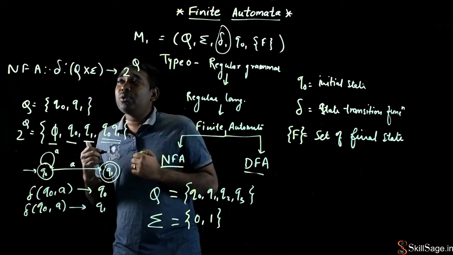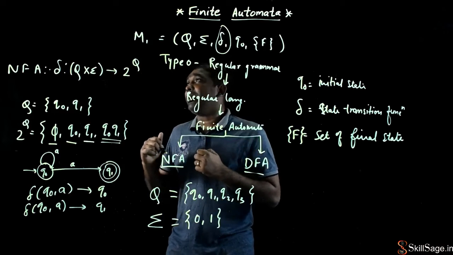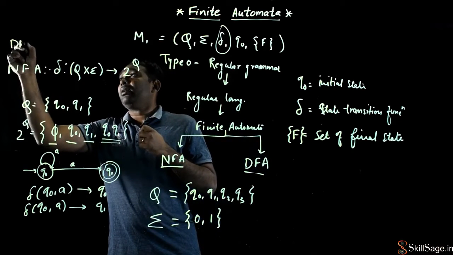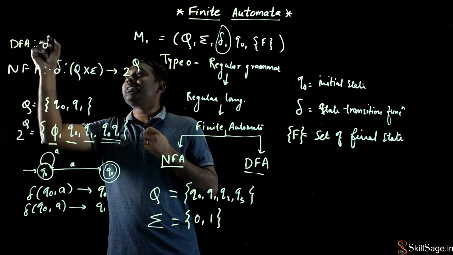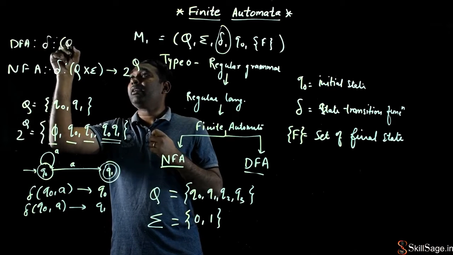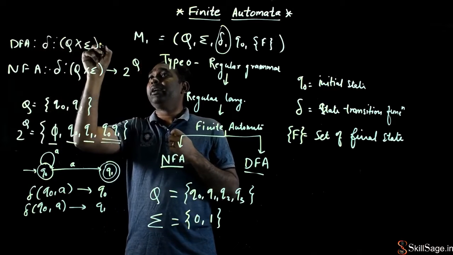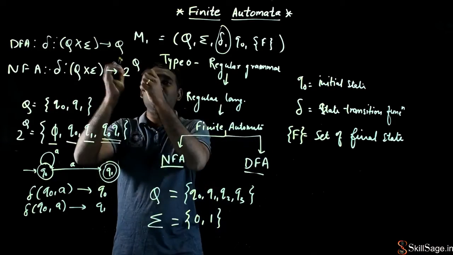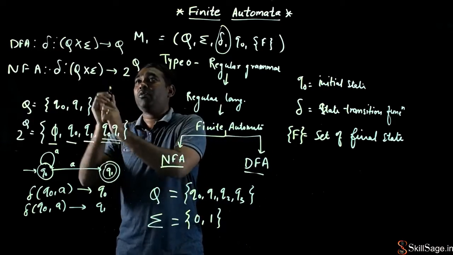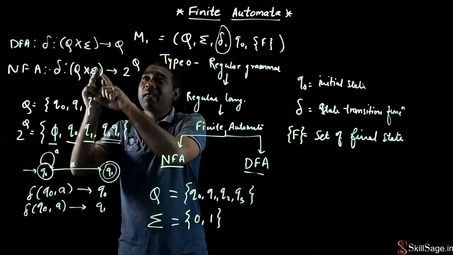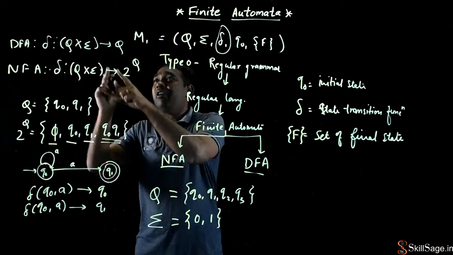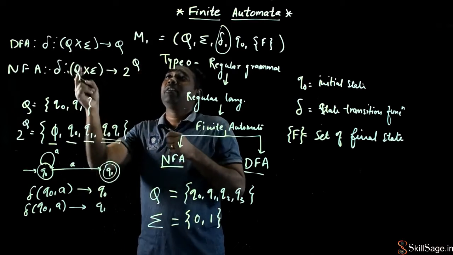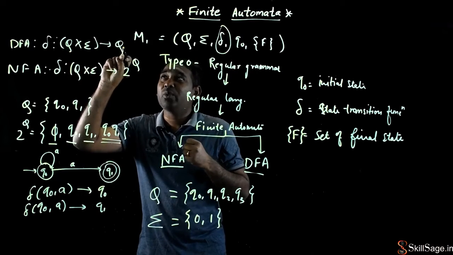And if I want to draw the DFA transition table, the DFA transition says that delta of Q cross sigma gives me Q. What is the difference between these two? This is my current state, sigma is my current input symbol. After reading this current input symbol, I should go to a Q. And what is Q?